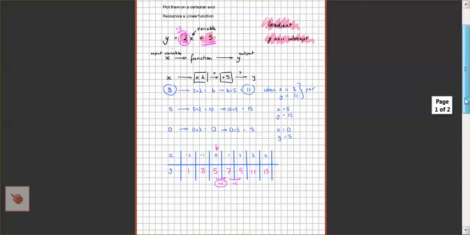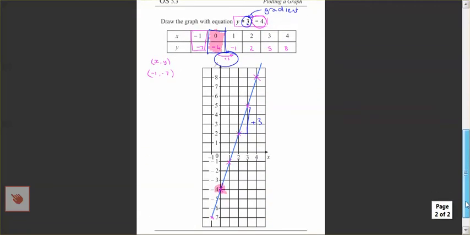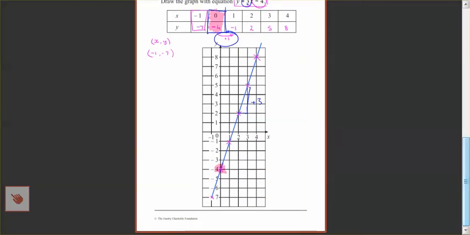So y equals 3x minus 4. We know the 3 is the gradient because it goes up like that. 1, 2, minus 4. Exactly, perfect, brilliant.